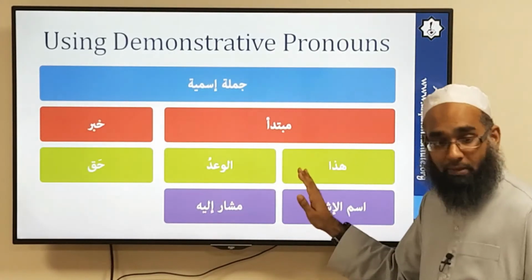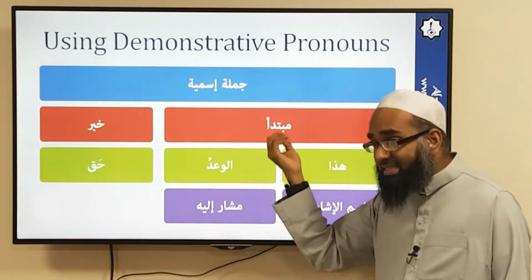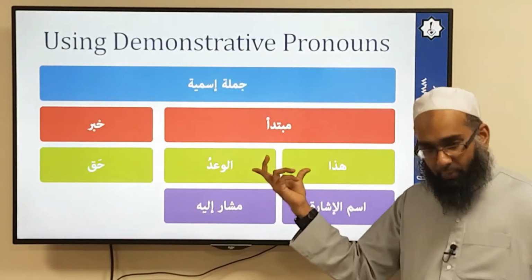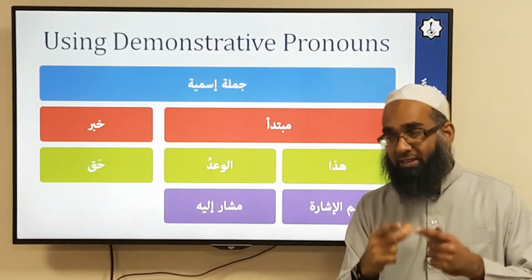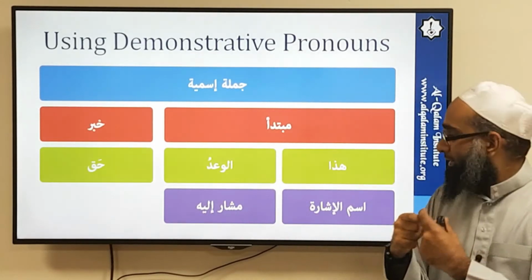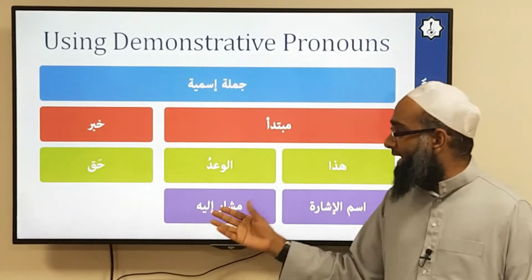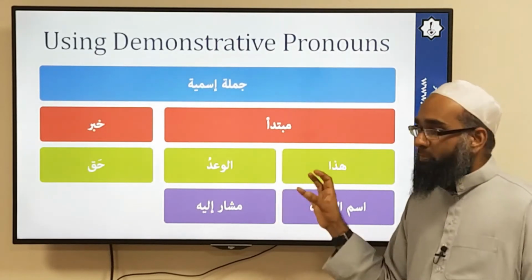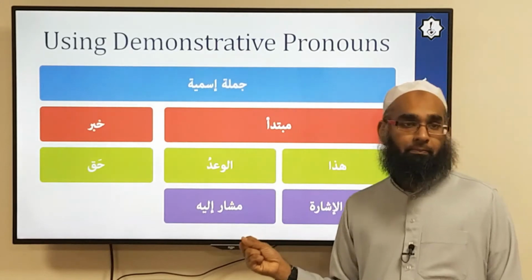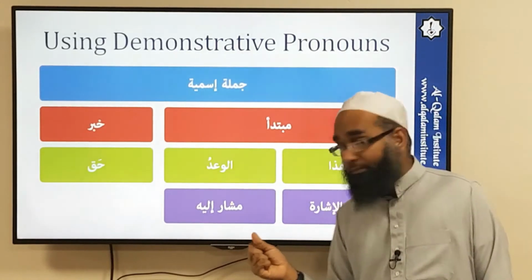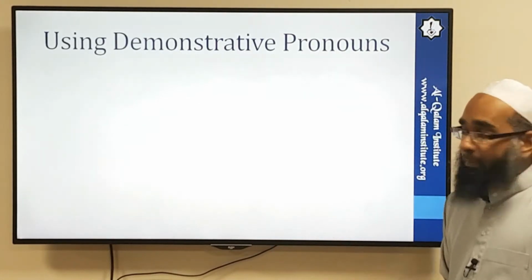A phrase is now 2 or more words in our scenario for the next couple of weeks. A phrase is where 2 words take the position of 1 word. And this is what's happening here. The ism al-ishara and mushar ilayh combine to become a part of a sentence, combine to become the mubtada. You understand? And it doesn't only have to be mubtada. It can be something else as well.